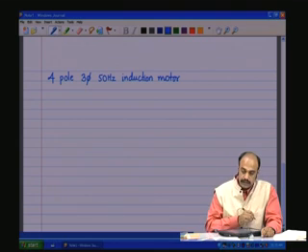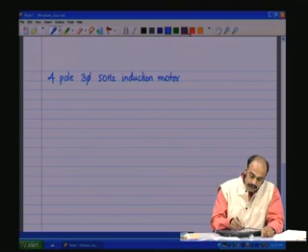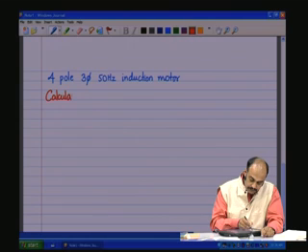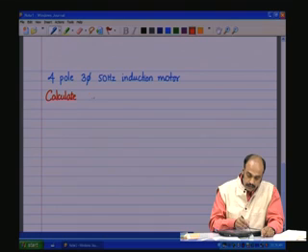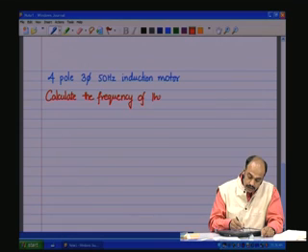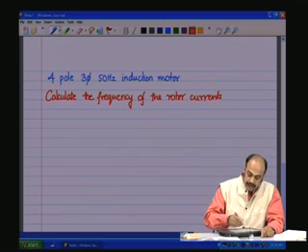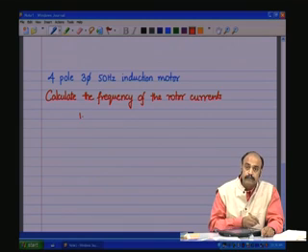Now for this induction motor, calculate the frequency of the rotor currents, meaning calculate Fr for the following conditions. 1.